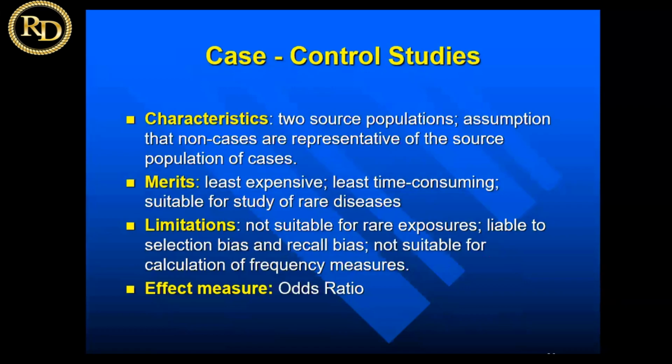We have the socio-cultural factors, socio-political factors. We have so many. Here the merits are they're least expensive and least time consuming. The characteristics are two source populations, with the assumption that non-cases are representative of the source population of cases. Limitations: not suitable for rare exposures, and liable to selection bias.